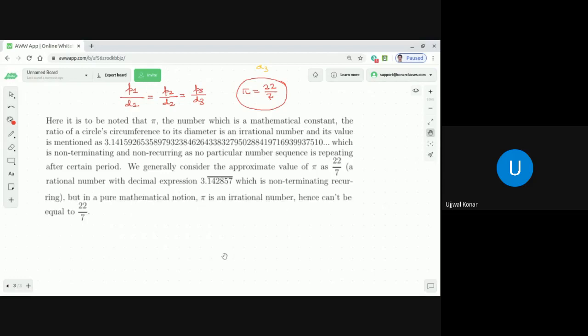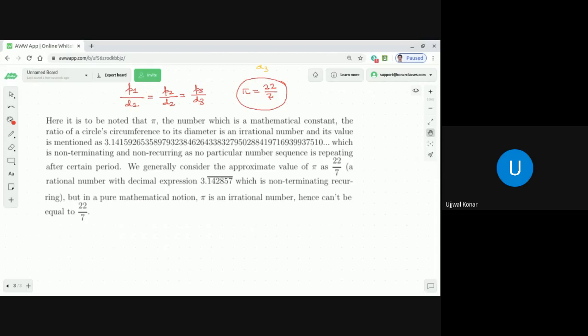So I would like to read this statement, and please listen to it. And as you see, the note is in front of you. Here it is to be noted that pi, the number which is a mathematical constant, the ratio of a circle's circumference to its diameter, is an irrational number, and its value is mentioned as 3.141592653589238462643383327, and so on.